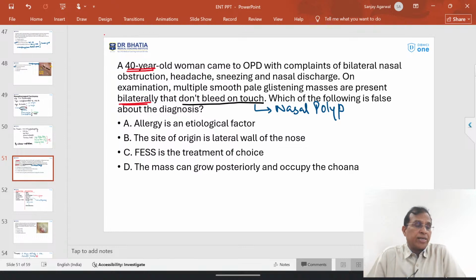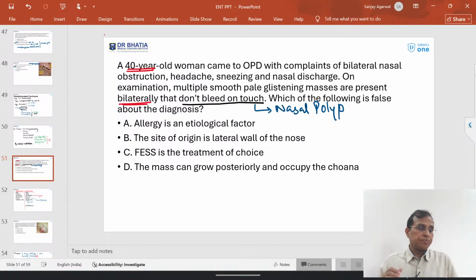Origin is ethmoidal sinus and ethmoidal sinus is the lateral wall of the nose. Lateral wall of the nose ethmoid से ही बनता है. So if you say lateral wall of the nose and ethmoid, it is the same thing. Lateral wall of the nose is mainly 90% ethmoidal bone, ethmoidal sinus. So saying lateral wall of the nose and saying ethmoidal sinus is the same thing.